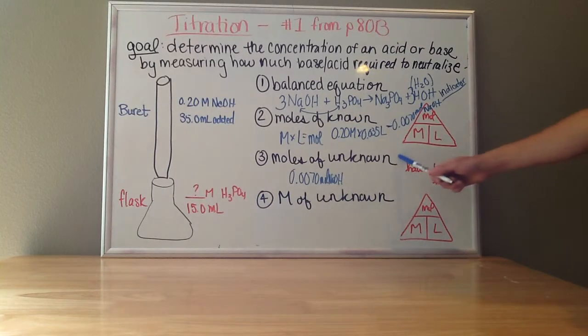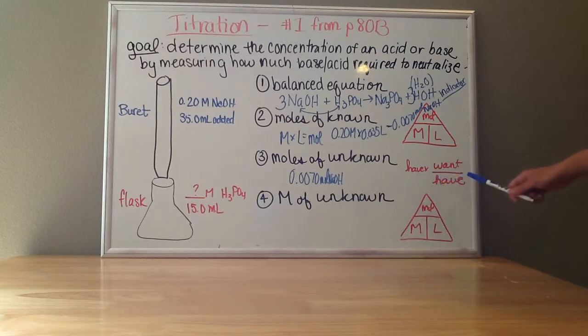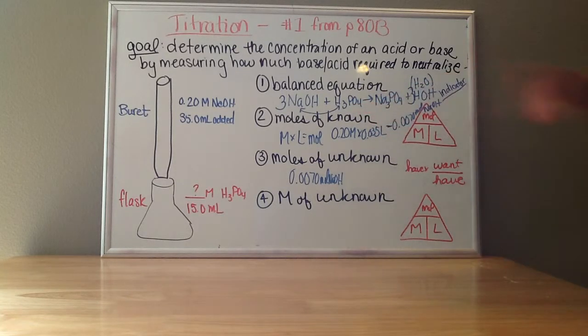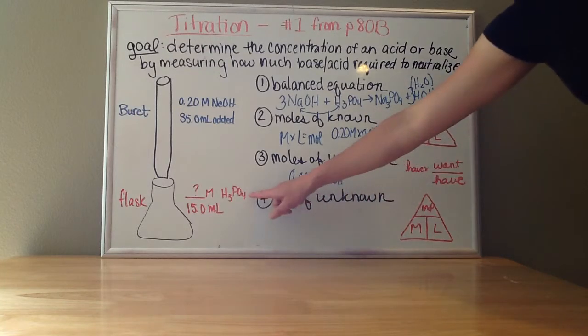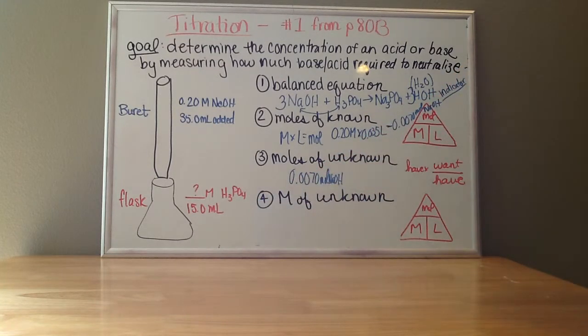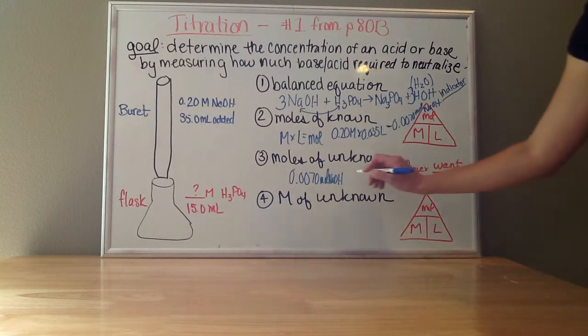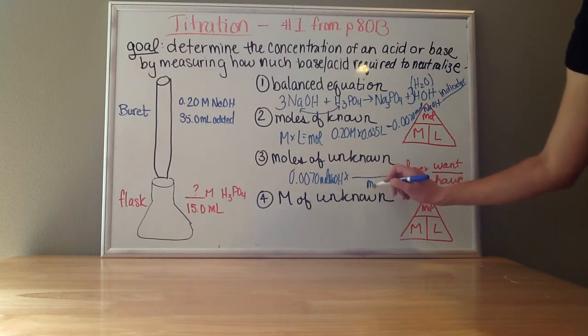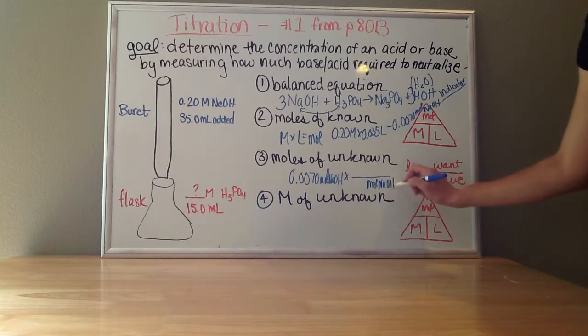So again, if you think back to stoichiometry, we use this technique called dimensional analysis, and we took the units that we have, multiplied it by a ratio of what we want over what we have. So in this case, we have moles of NaOH. I want to find moles of H3PO4. That is my unknown. And I know that it's a 3-to-1 ratio. So since this is moles of NaOH here, on the bottom I'm going to write moles of NaOH.